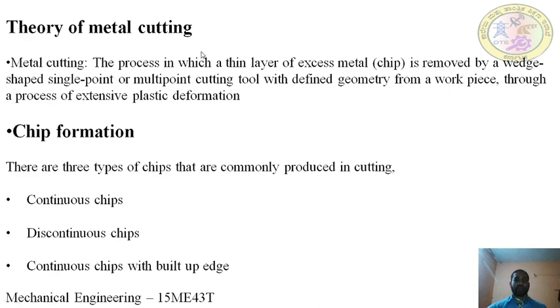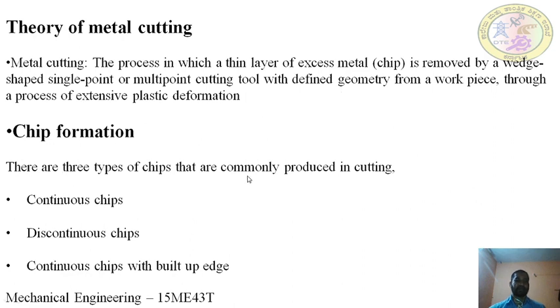In the theory of metal cutting, as I told you, the metal is removed by physical contact between the tool and workpiece by a single-point or multi-point cutting tool with a defined geometry, and plastic deformation and friction take place, forming extensive plastic deformation, and the thin metal is removed in the form of chips. Next is chip formation.